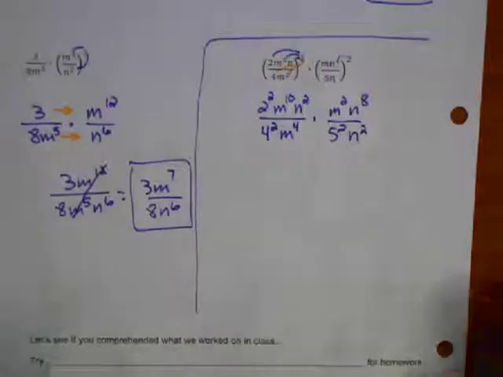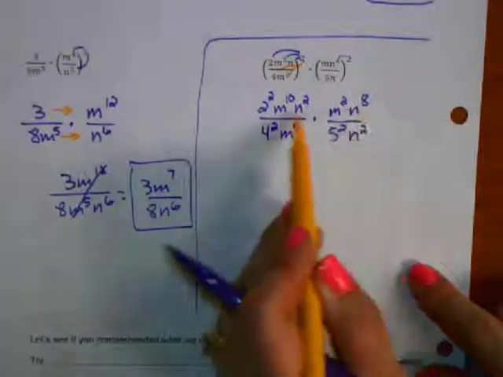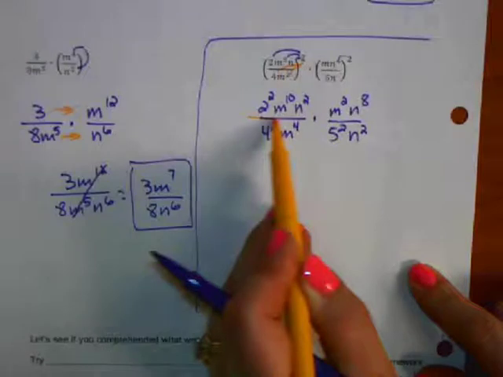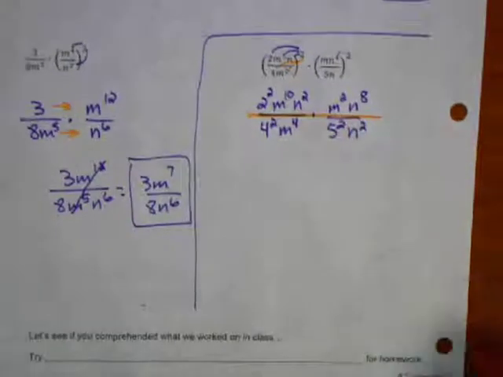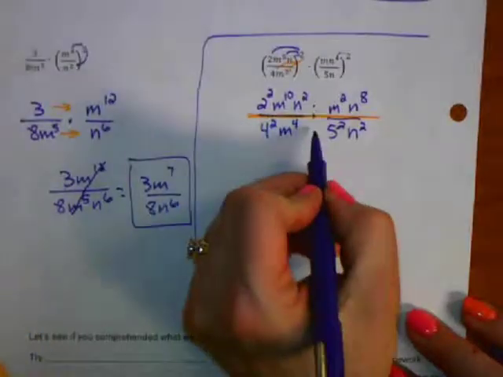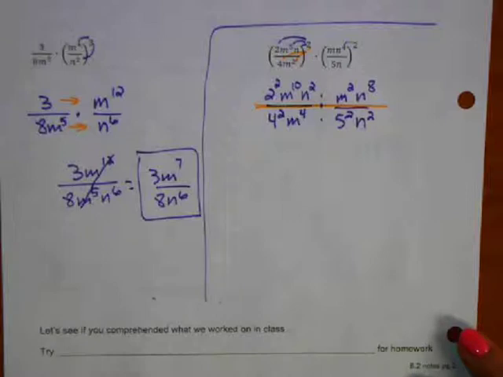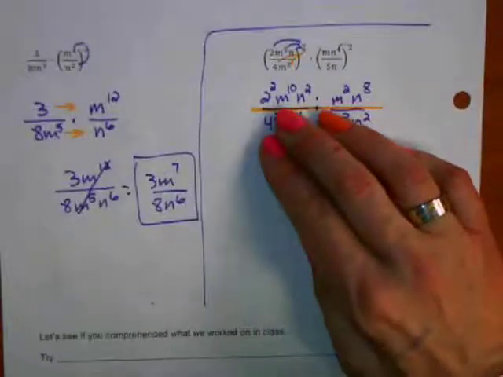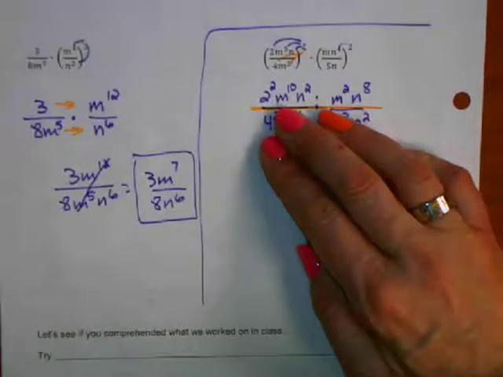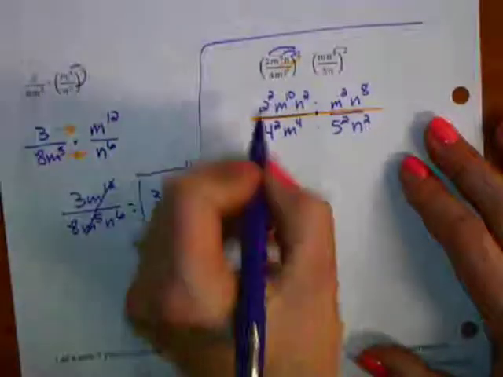Okay, I have a fraction times a fraction, so since it's all multiply, it really just becomes one big fraction, right? Do you see that? It's just one big fraction, this times this. So I'm going to make the numerator kind of pretty. Let's look at the numerator. What's 2 squared? So I'm going to write 4 down.